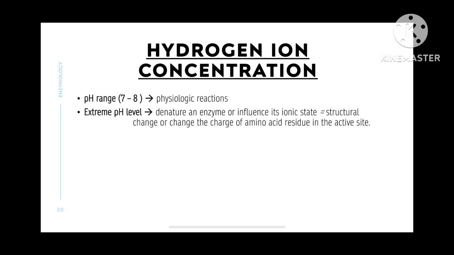Is that clear? So when you say acid phosphatase, then that means you have to maintain the testing or the reaction at an acid pH. For alkaline phosphatase, the same thing. You have to maintain the reaction at an alkaline pH.